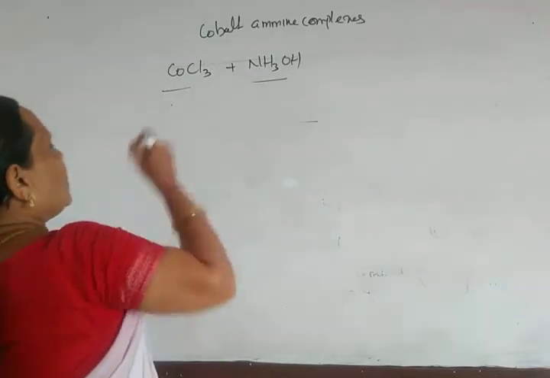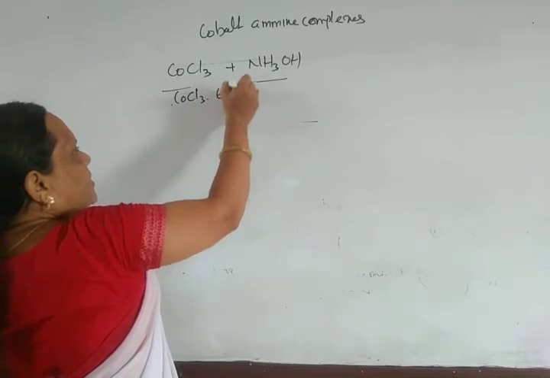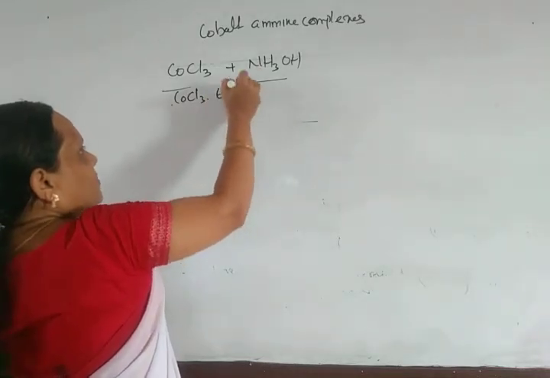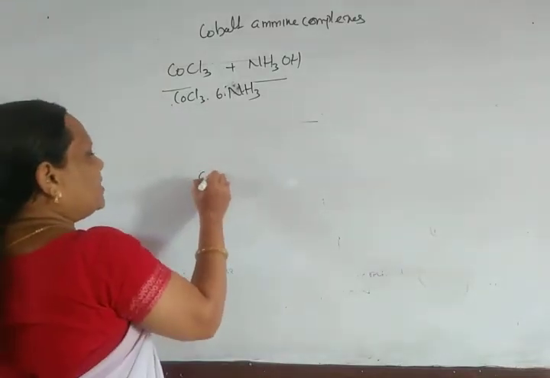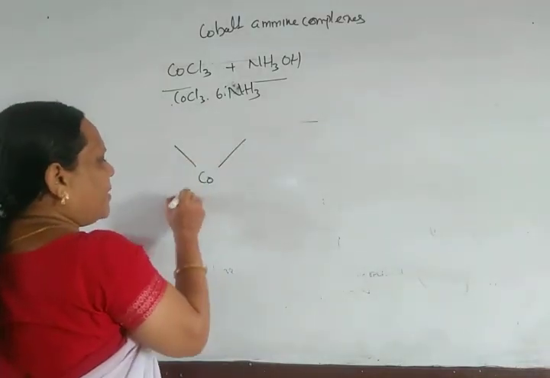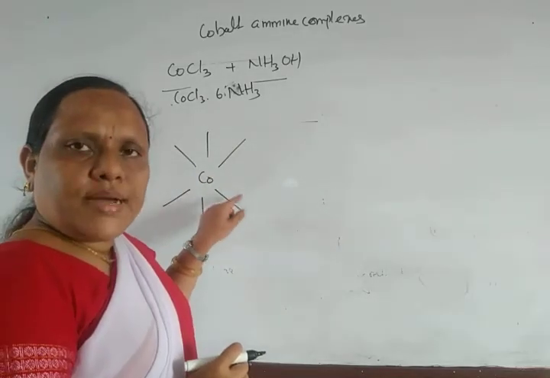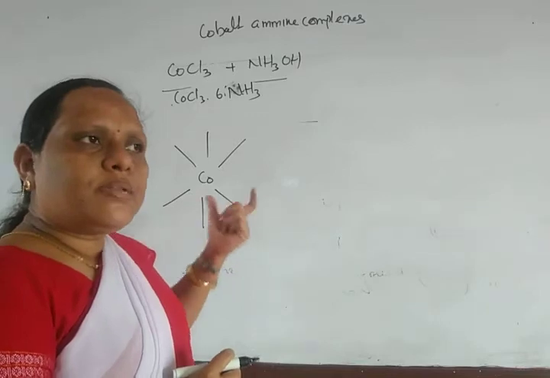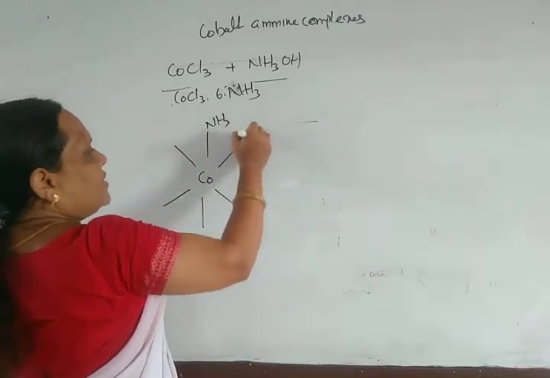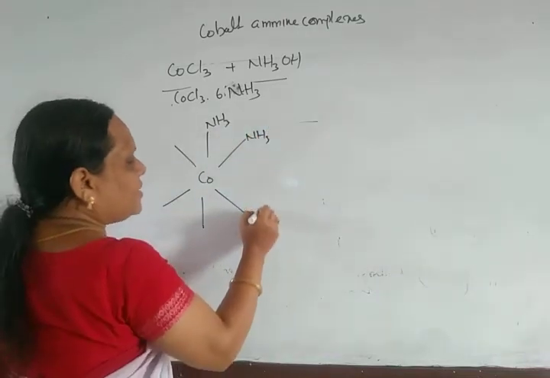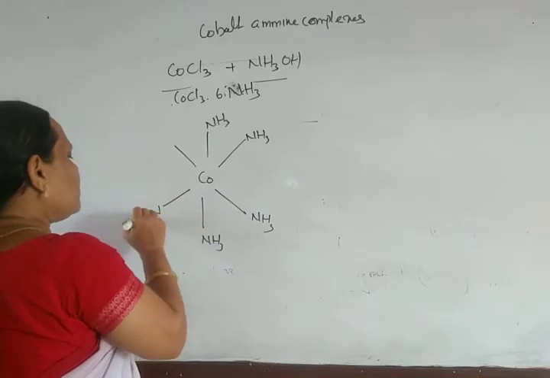CoCl3·6NH3, with 6 ammonia molecules. Every atom has a fixed number of secondary valency, and the primary valency may be variable. The secondary valency represents the geometry of the molecule.